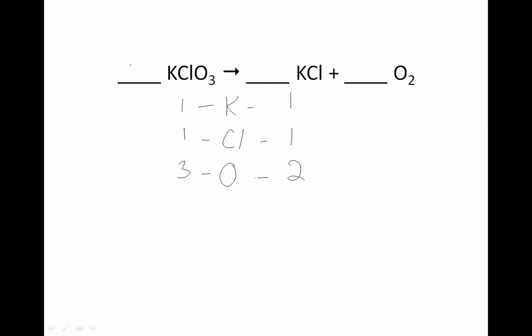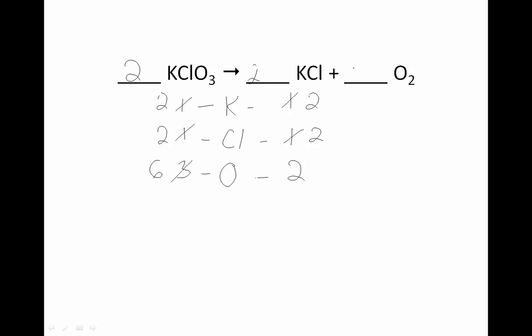So let me start out on the left and try 2. That's going to change everything on the left. It's going to make 2 potassiums, 2 chlorines, and 6 oxygens. Then on the right-hand side, I need to change this to a 2, which will make 2 potassiums and 2 chlorines. So now both of those are balanced.